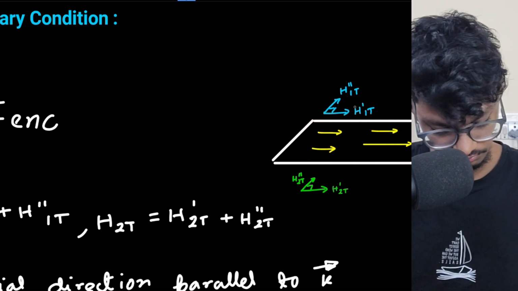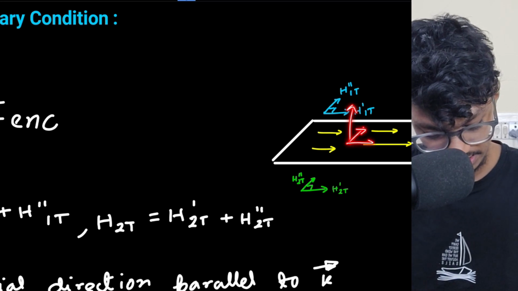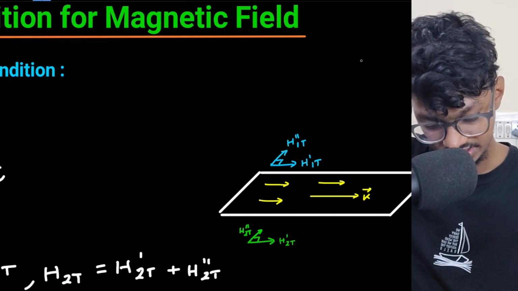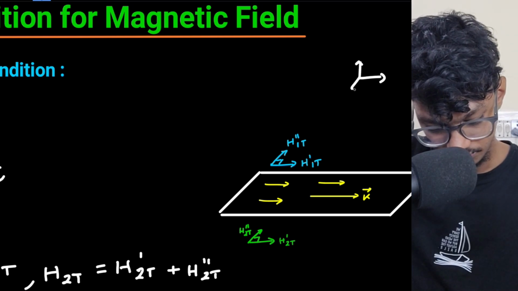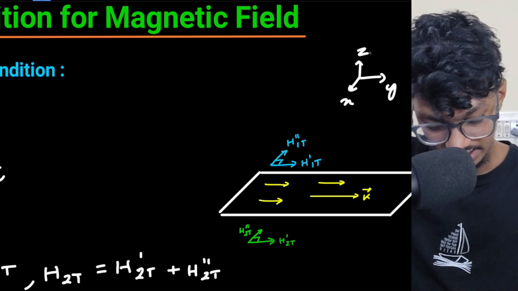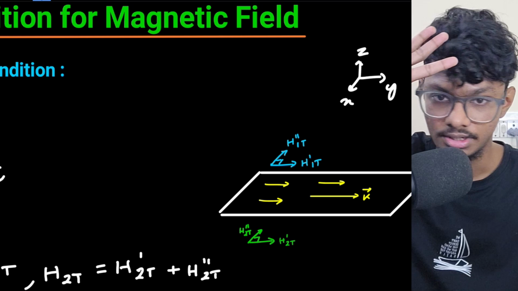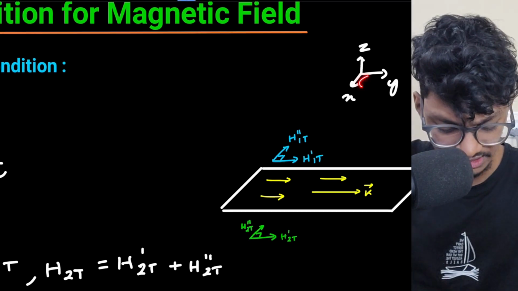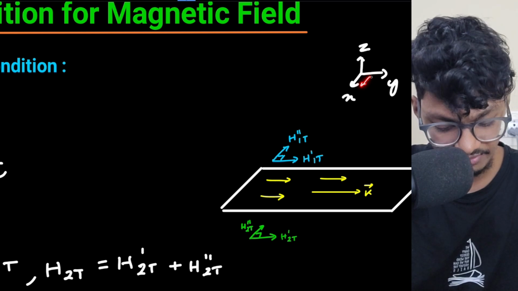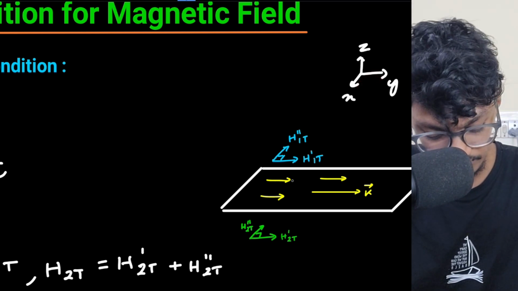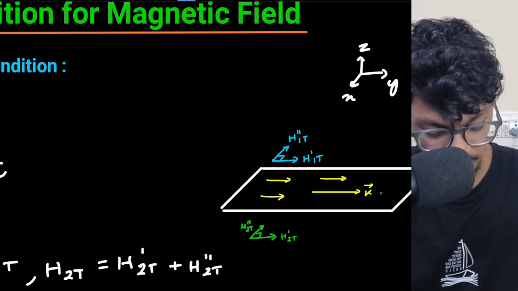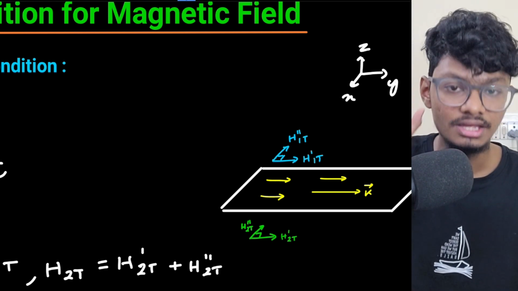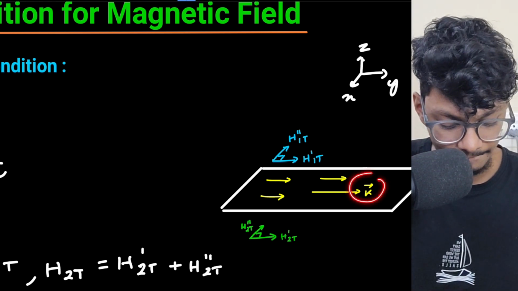Any tangential vector in this particular plane, because I need two components. Why? This is the normal component, this is the tangential component. I need three vectors, just like x, y, z. I need three coordinates to represent all vectors, right? So if you want to represent something here, I need the a_x cap direction and a_y cap direction. Same like here, I need the h1 dash t, where I have assumed that the interfacing medium has a surface current density of K in this direction.